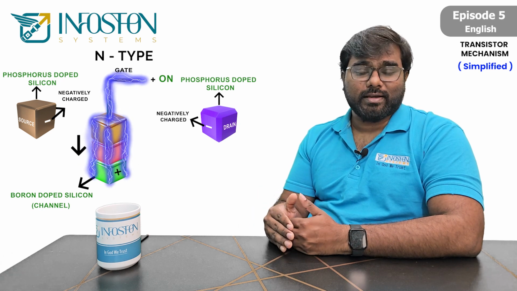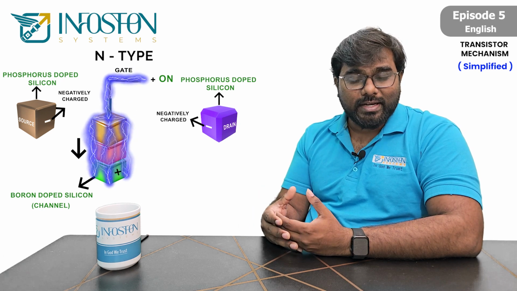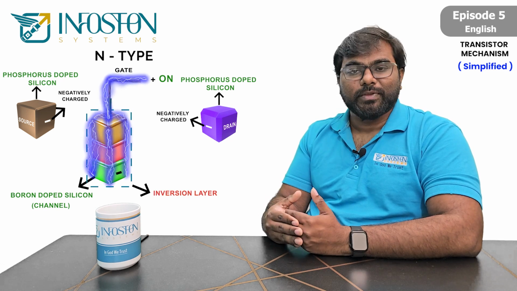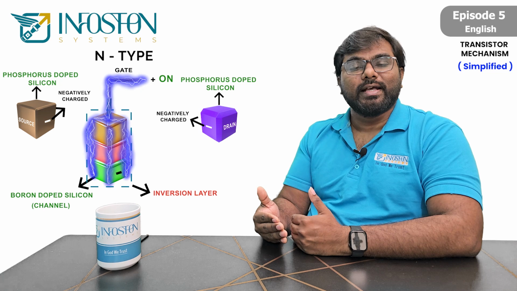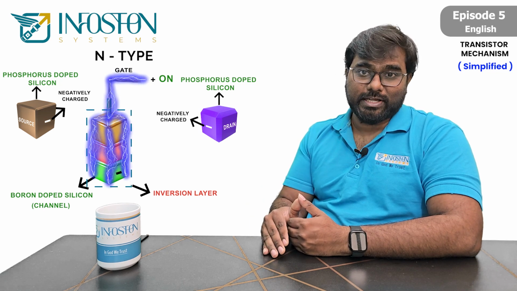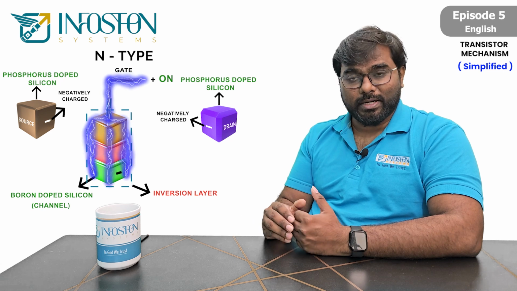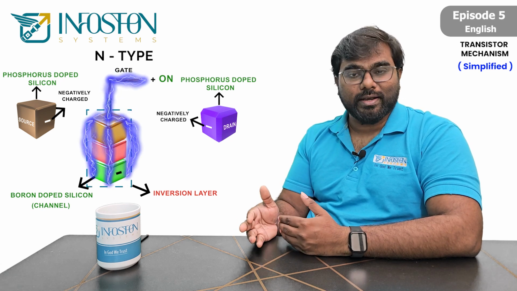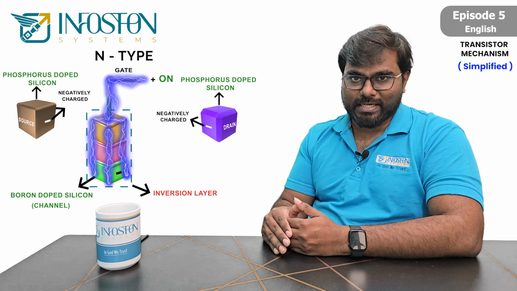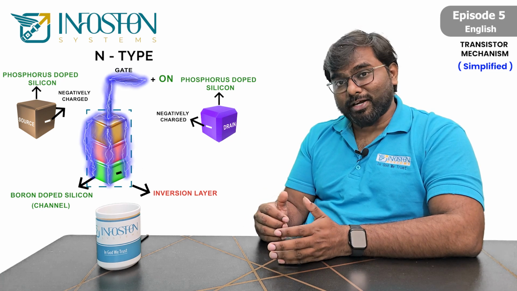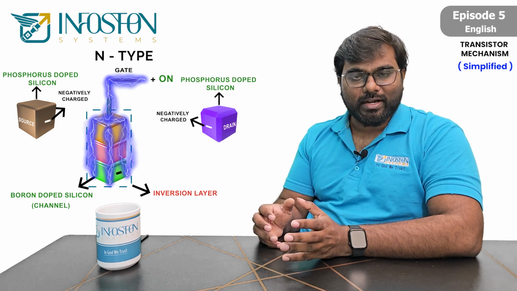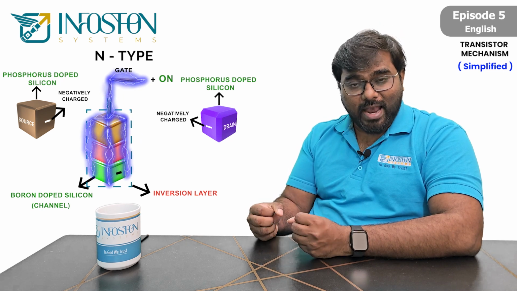So when the gate receives the voltage, it will create an electric field that makes the inversion layer, which means that temporarily the channel will be converted to n-type silicon, because it pushes the holes away. So the electrons can freely move, and that will be converted to an n-type transistor. We already know source and drain are already n-type silicon, so the gate will attract both of them.